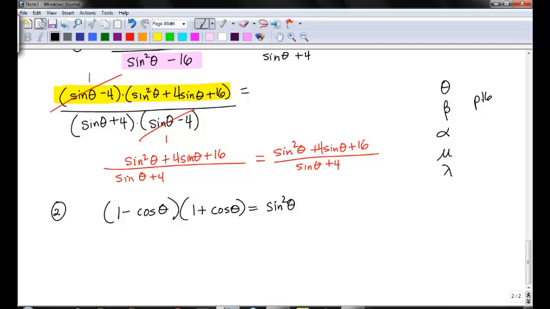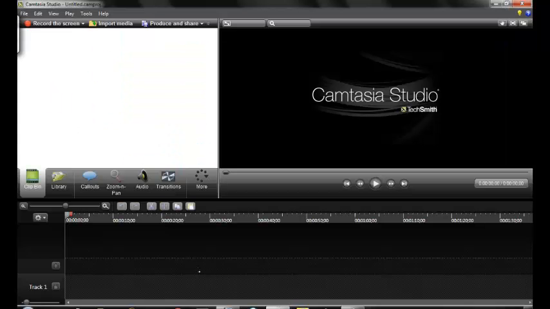If I multiply this back, 1. Multiply this back, plus cosine of theta. Multiply this. And some of you may have seen that was the difference of two squares factored. So the plus cosine of theta minus cosine of theta drops out.